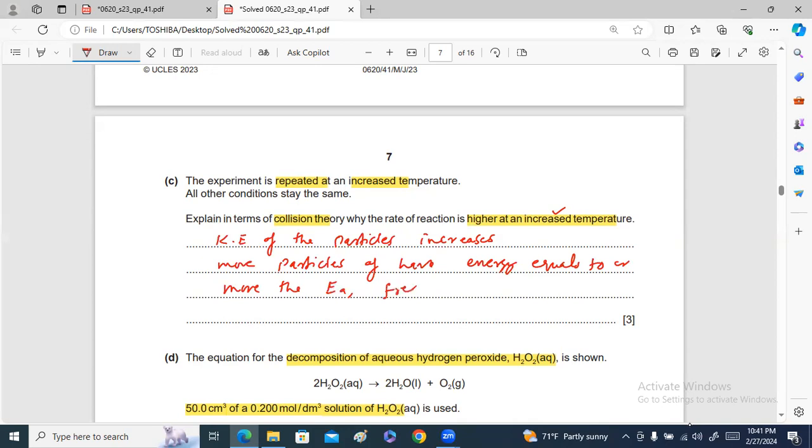So the frequency of effective collisions increases. This is the reason that the rate increases.